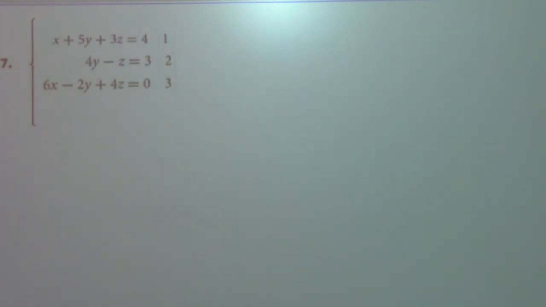What did you get for your answer on this one? X equals 0.25. So x is equal to 0.25. And then y equals 0.75. And then z equals 0. Does that look right?